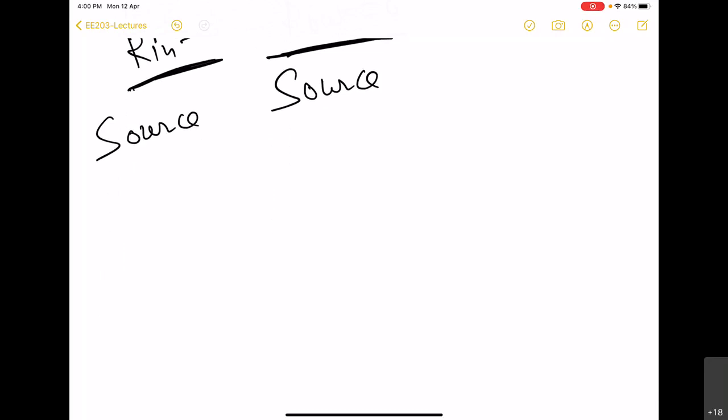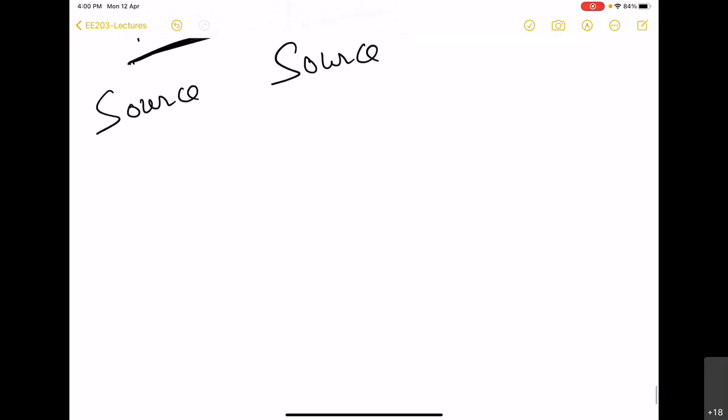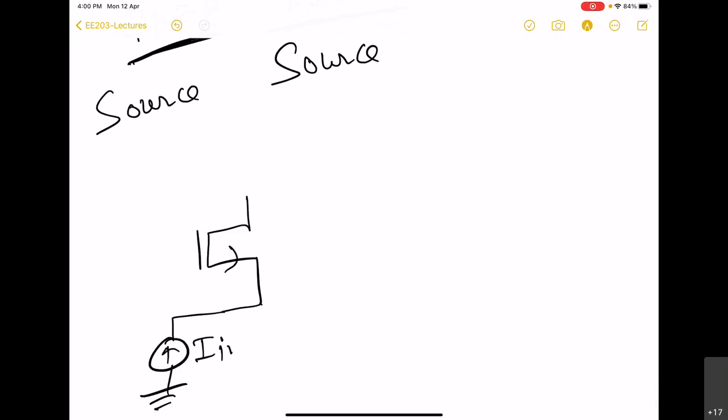So first what we will have to do is use a MOS such that its source node acts as the input node, and we know that the gate cannot be used as the output, so of course we have to use the drain node.